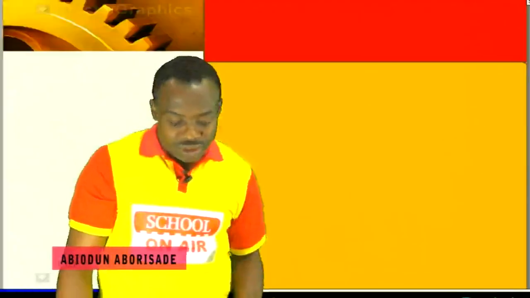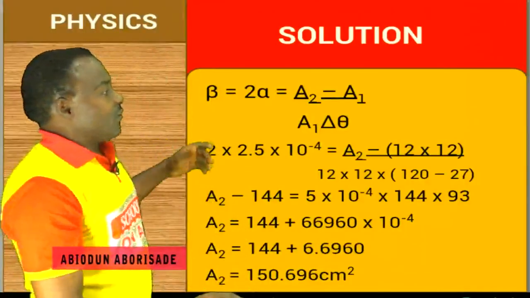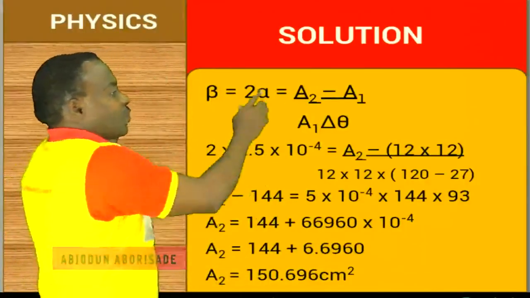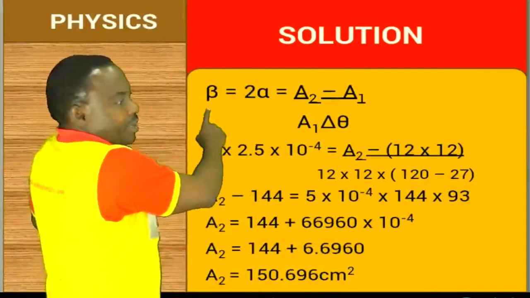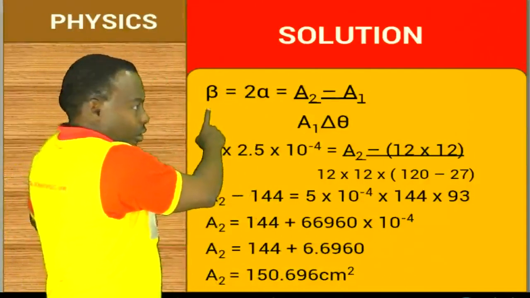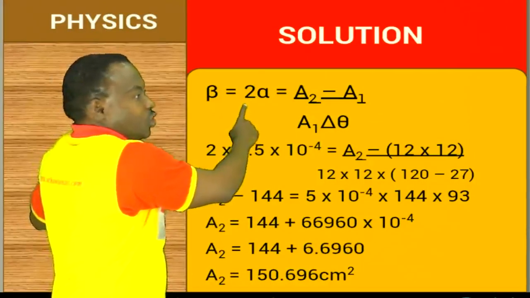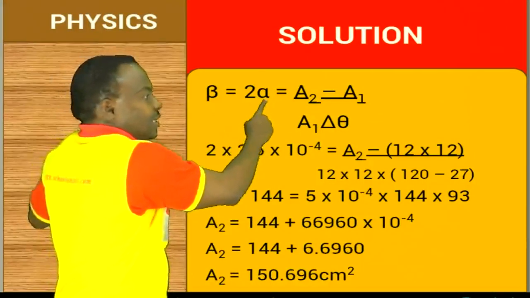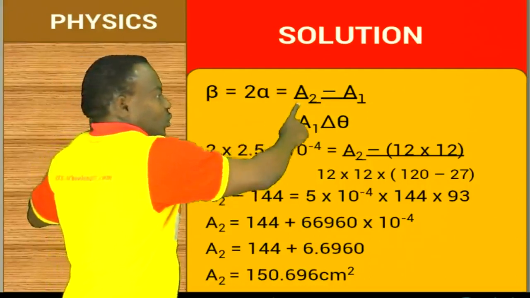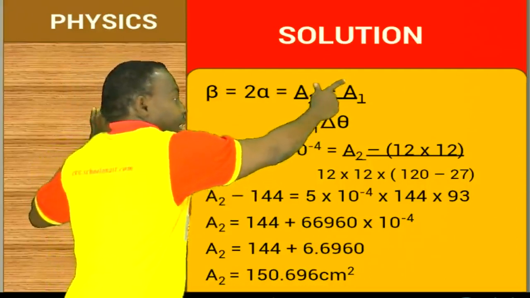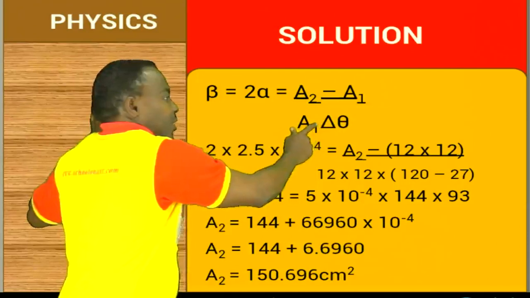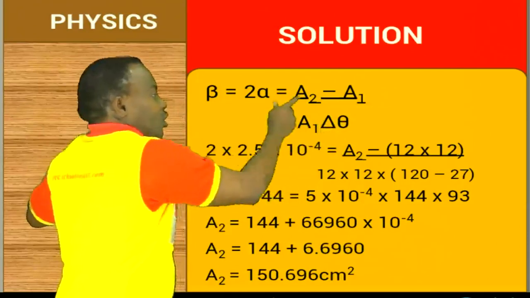How do we go about it? We shall see soon. This is the formula. The solution goes like this. Beta represents the area expansivity, which we have said earlier is equal to twice alpha, that is twice the linear expansivity, which is equal to the increase in area over the original area times change in temperature.